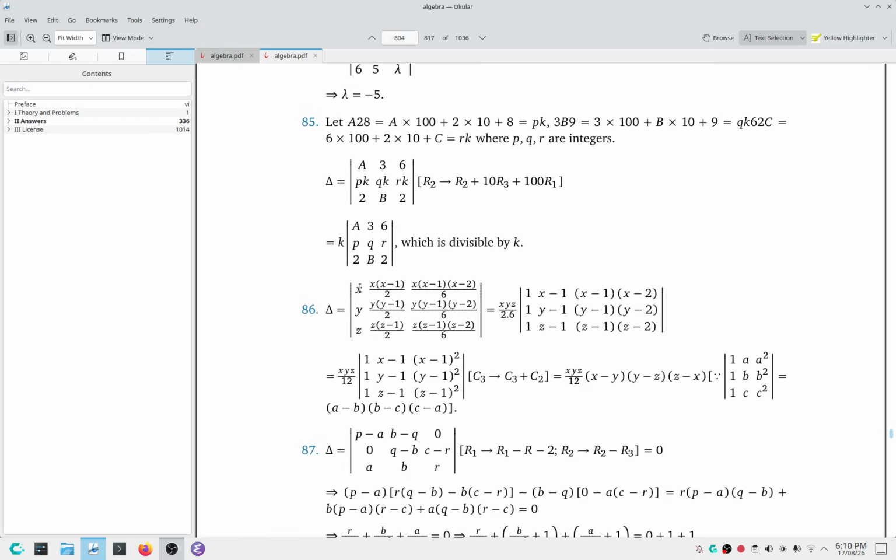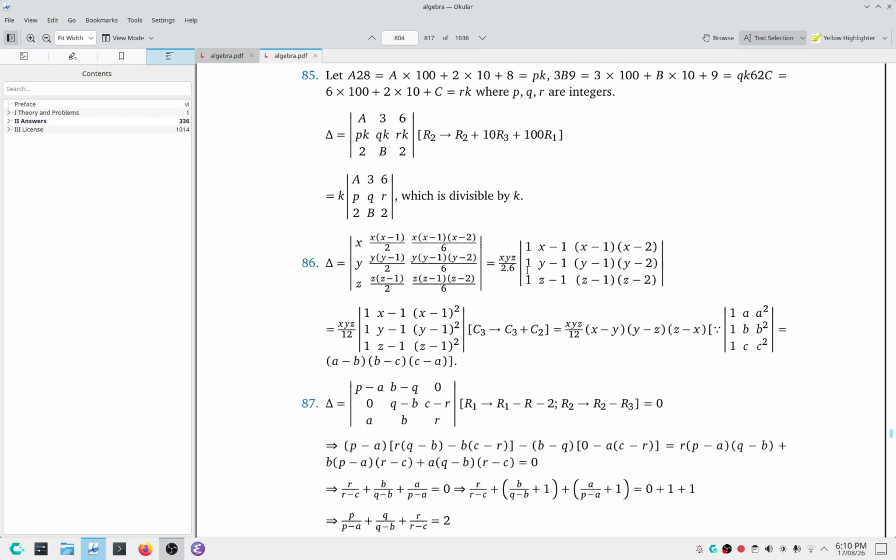So what we do is we take out x, half and 1 by 6, and y and z as well. So outside we will have xyz upon 2 times 6. And inside we will have 3 ones, x minus 1, y minus 1, z minus 1. And the third column would be x minus 1 times x minus 2, y minus 1 times y minus 2, and z minus 1 times z minus 2.